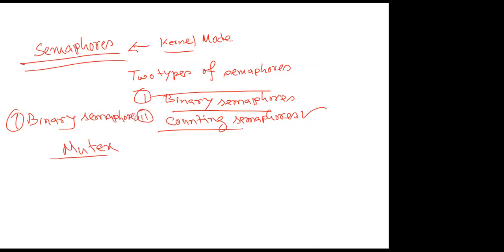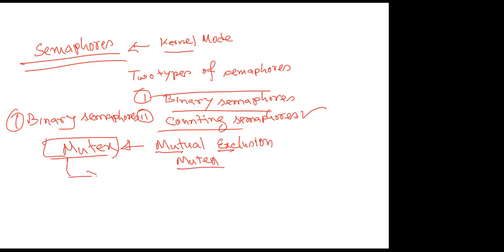Binary semaphore is also known as the mutex. Mutex comes from mutual exclusion. Why is it called mutex? Because it always guarantees mutual exclusion.